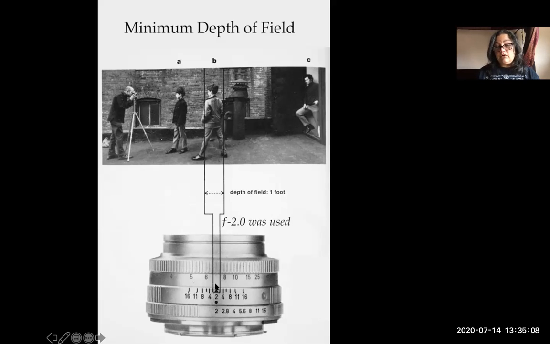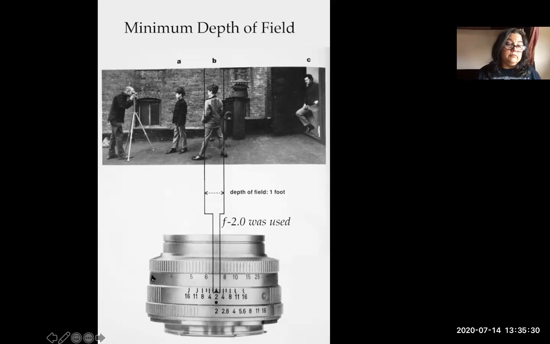And what this is showing is how much of the frame will be in focus at different f-stops. So the outer ring of the lens is the focusing ring that you move in order to change the point of focus. And on this lens, it tells us those distances.